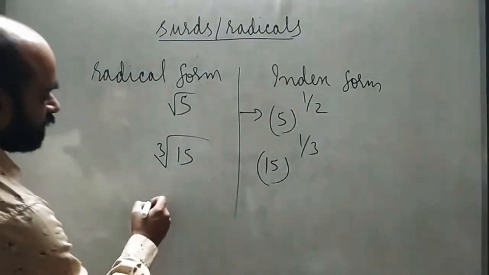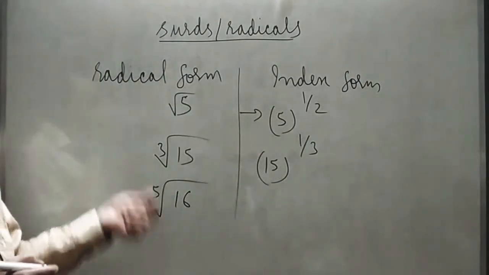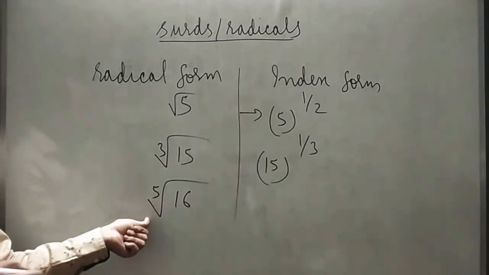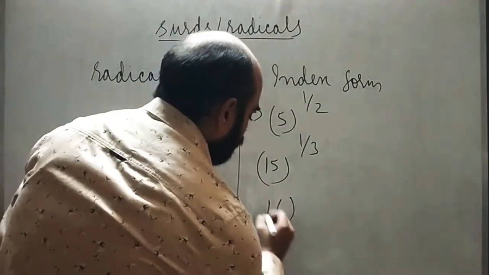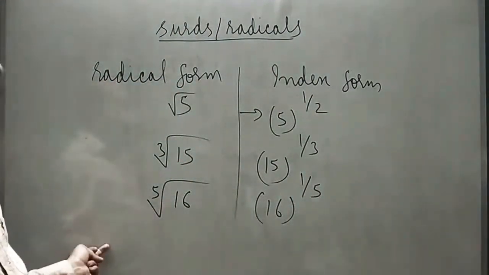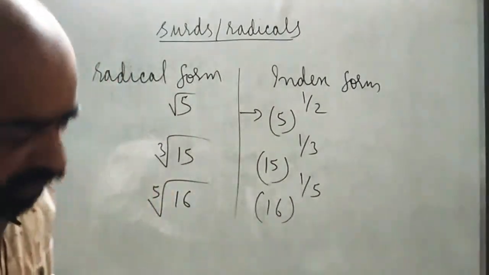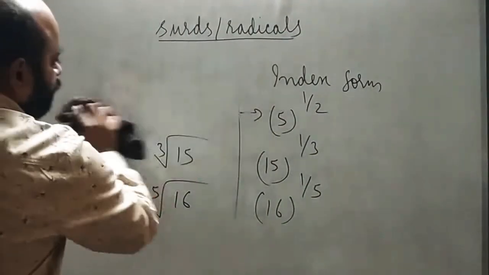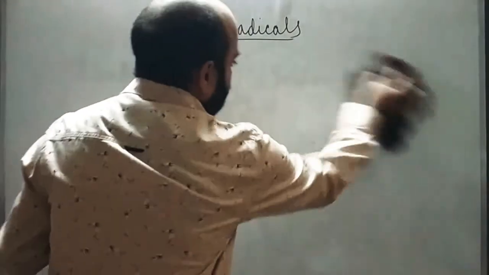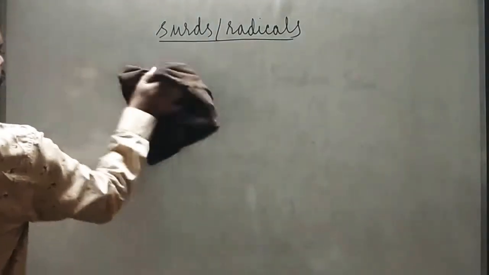If it is the fifth root of 16, we can write 16 to the power 1 by 5. So these are radical form surds and these are index form. The numbers are the same. So we have to study these numbers and some properties.